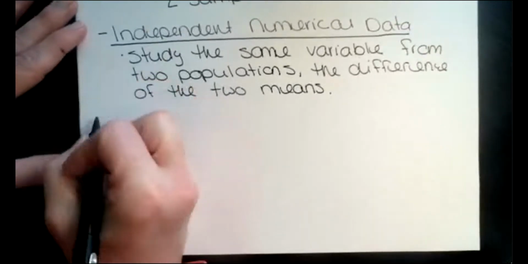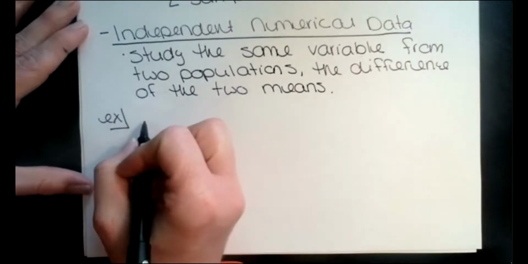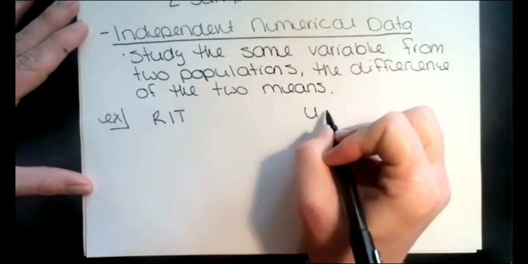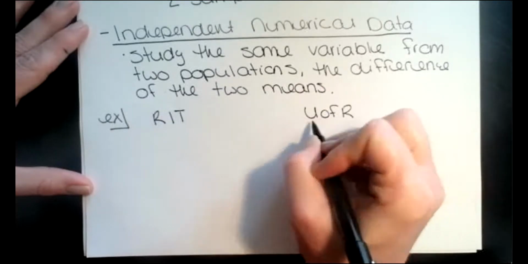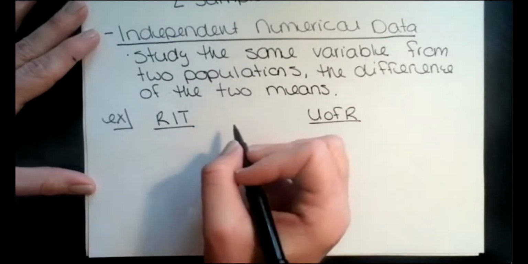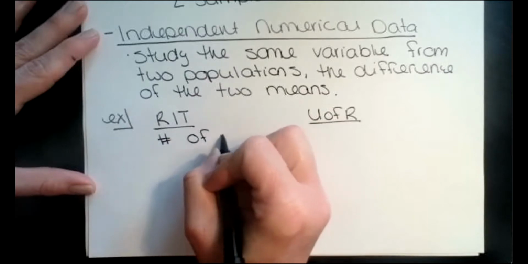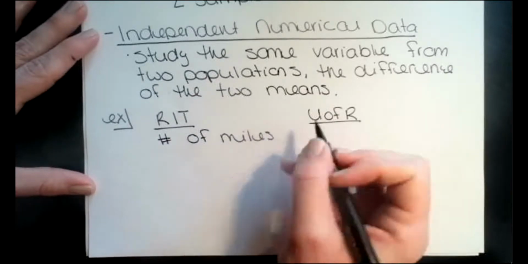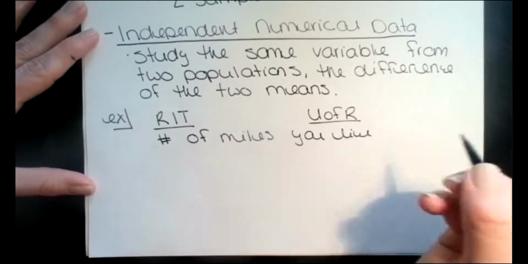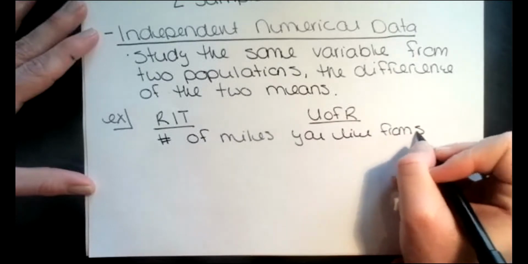Just a simple example: maybe we have some RIT students and some U of R students, and we're going to survey them and ask the number of miles you live from school.